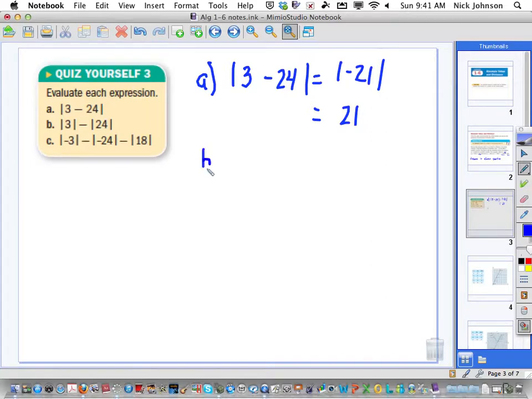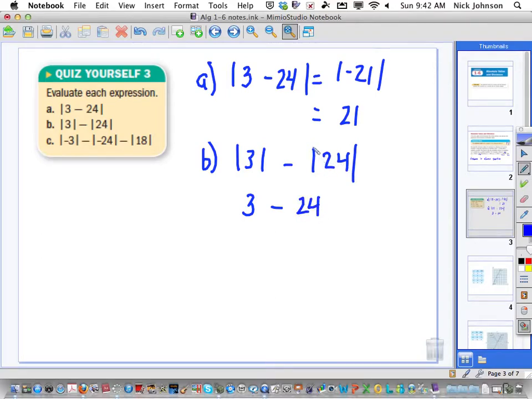B. The absolute value of 3 minus the absolute value of 24. Notice how there's nothing inside the absolute value that you need to do mathematics-wise. So the absolute value of 3 is 3, minus the absolute value of 24, which is 24.